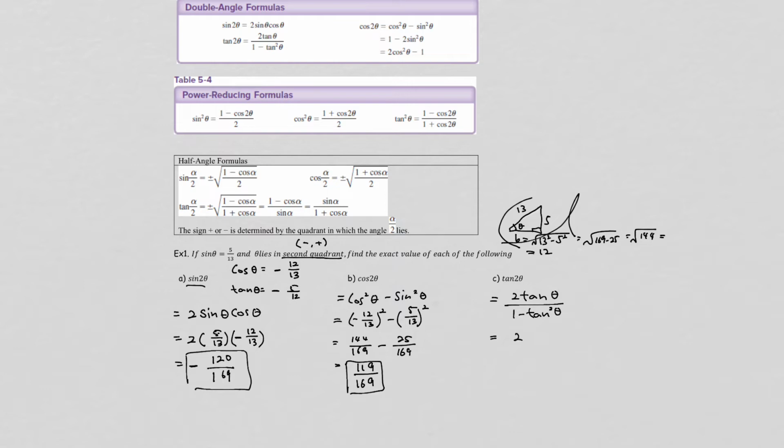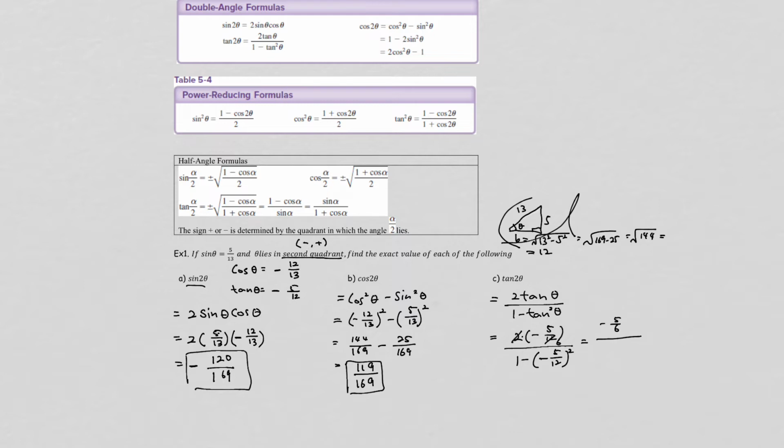So it'll be 2 times negative 5/12, over 1 minus negative 5 over 12, squared. Reducing the multiplication, it will be negative 5 over 6 on the numerator.